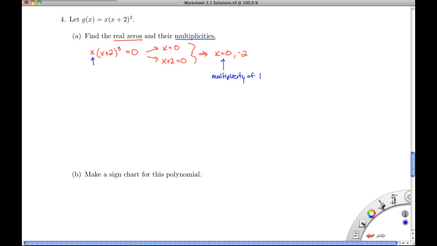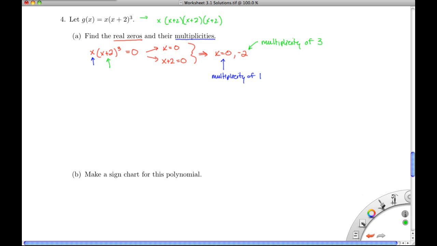Whereas this x plus 2 factor happens 3 times. If we were to write this whole thing out, we'd see that this is x times (x plus 2) times (x plus 2) times (x plus 2). So that factor repeats 3 times. Because of that, this particular zero has a multiplicity of 3, occurs 3 times.